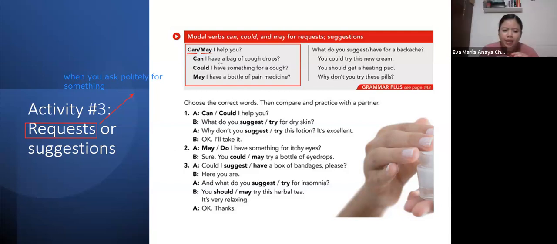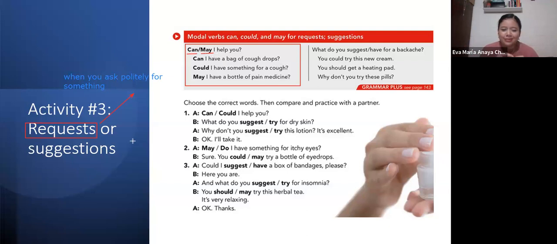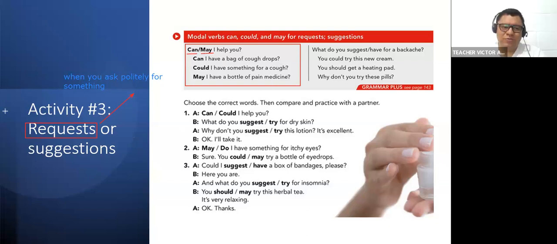When I say may I, it is more polite than can I, because can I is normal, like the traditional way of saying it, but when I use may I, it's more formal, right?